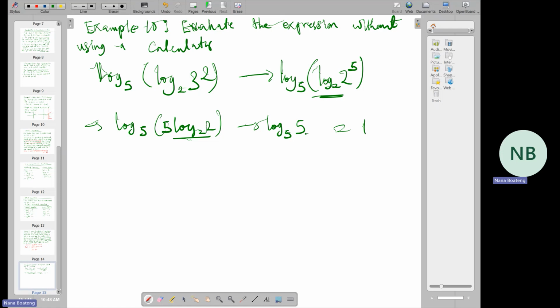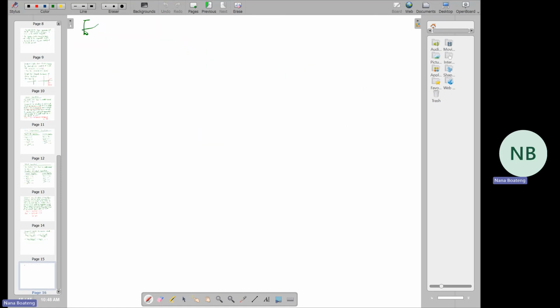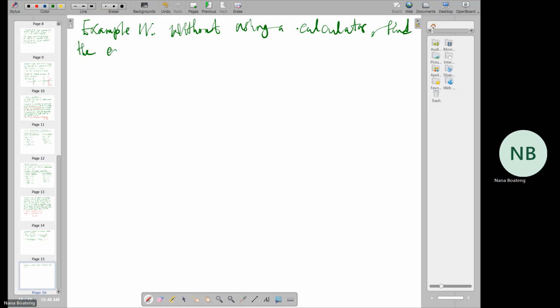So let's look at our last example, which will be example 11. And it says without using a calculator, find the exact value of the following expression.